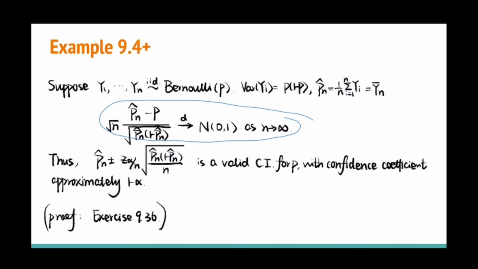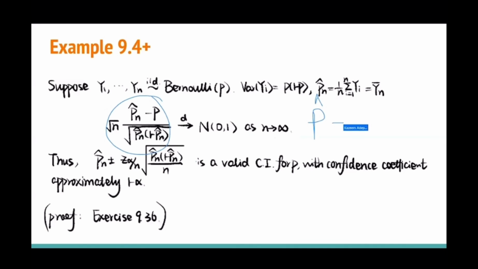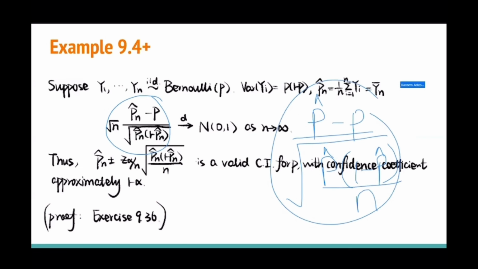And of course, what you're going to see in the denominator is the standard deviation of the sample proportion. If I want to write this, it's just going to be p cap minus p divided by the square root of p cap times 1 minus p cap, all divided by n. So this guy here is the same thing as that guy, of course.